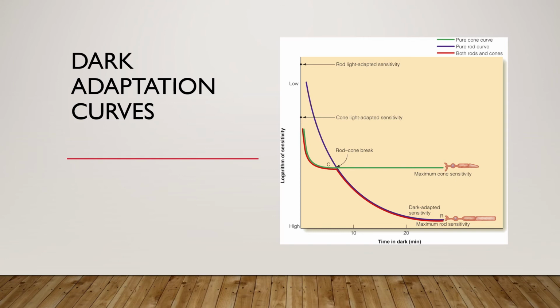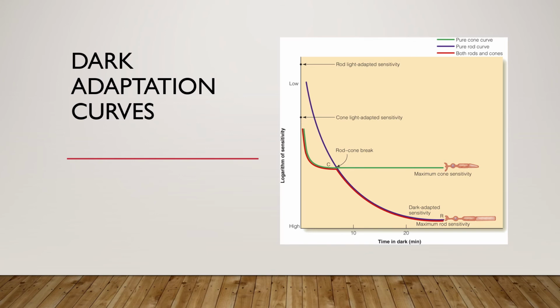They've also looked at the pure rod curve. So with this, they had to get people who are monochromats, who have no cones in their eyes at all, and their vision is based on a rod-based vision. And you can see, first of all, with the dots to the left on the y-axis, that rod light adapted sensitivity.